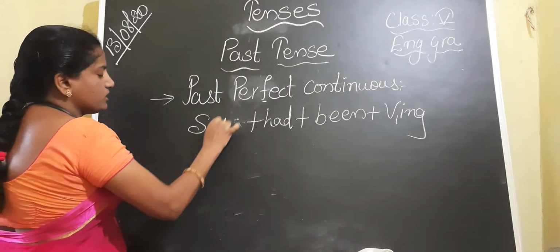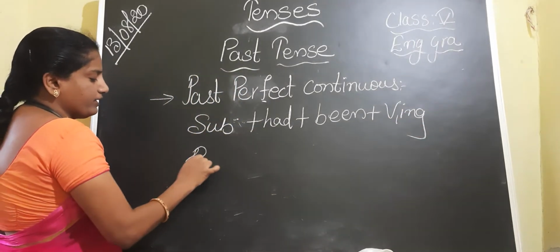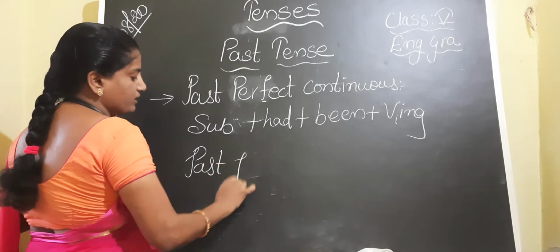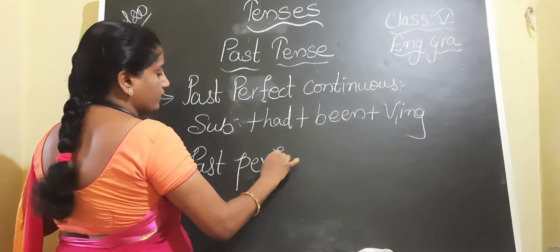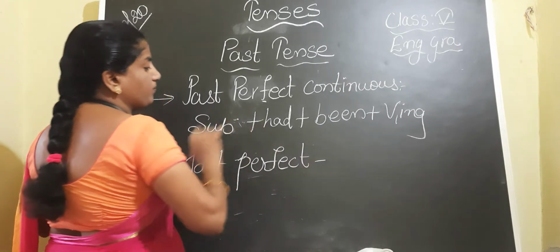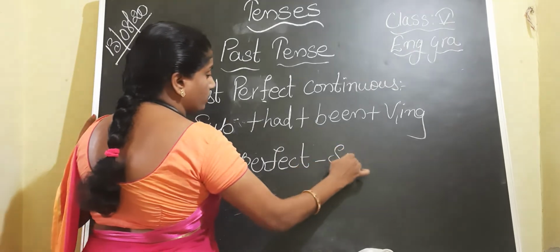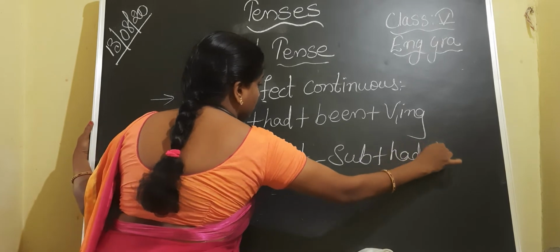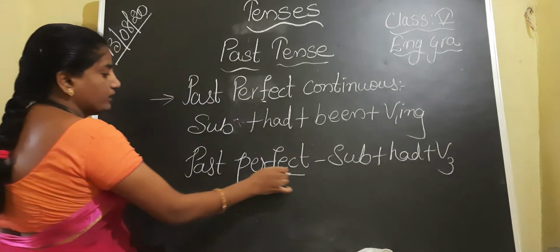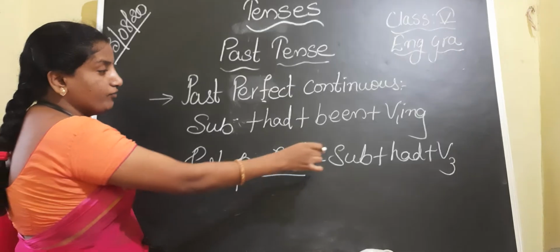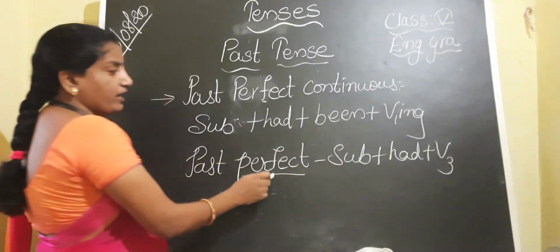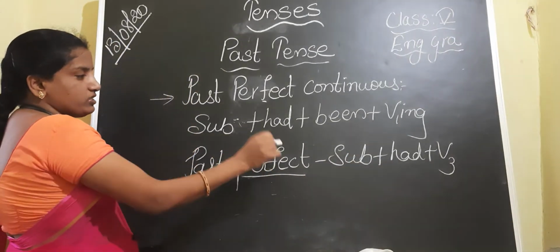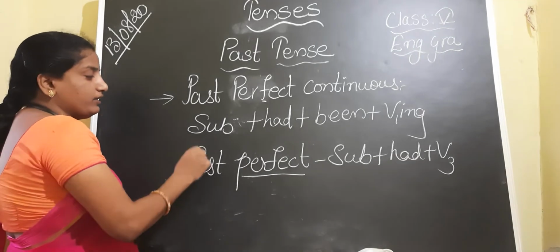See children, before when I said perfect tense, past perfect, there we missed one helping verb in the structure. Don't forget, subject with had you have to use as a helping verb for the past perfect. Before I forgot to write had, so here I have explained to you again the structure of the past perfect tense.